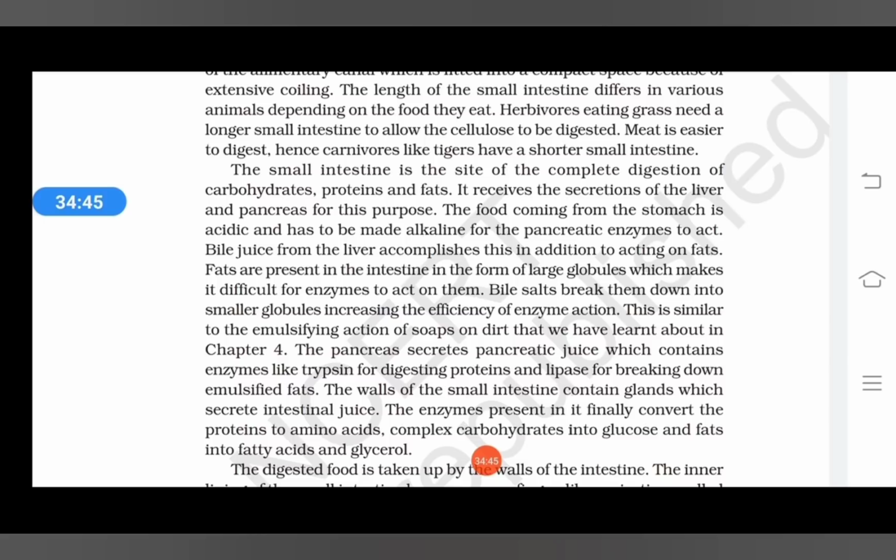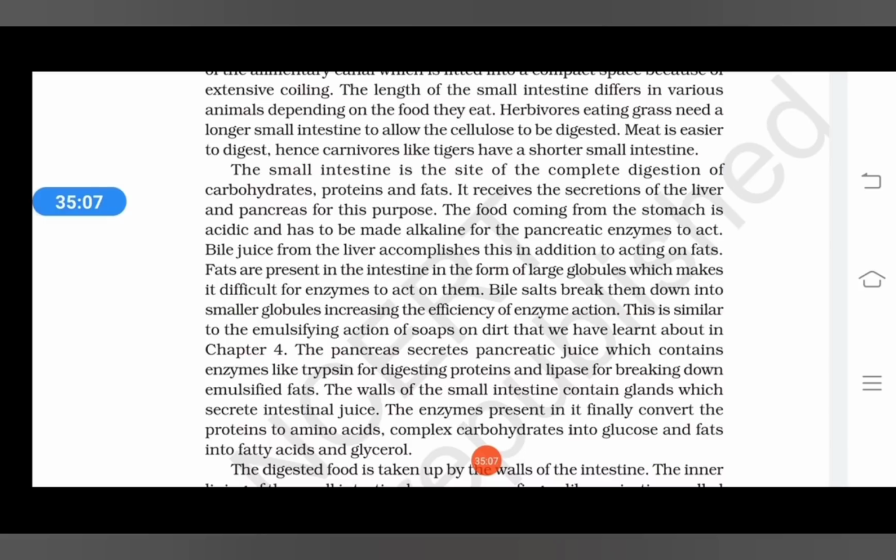This is similar to the emulsifying action of soaps on dirt we have learnt about in chapter 4. The pancreas secretes pancreatic juice which contains enzymes like trypsin for digesting proteins and lipase for breaking down emulsified fats.